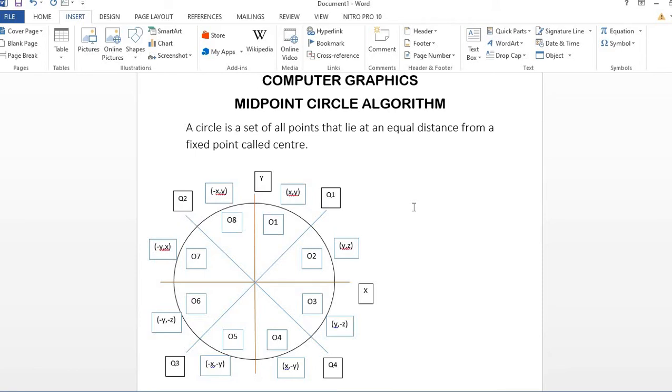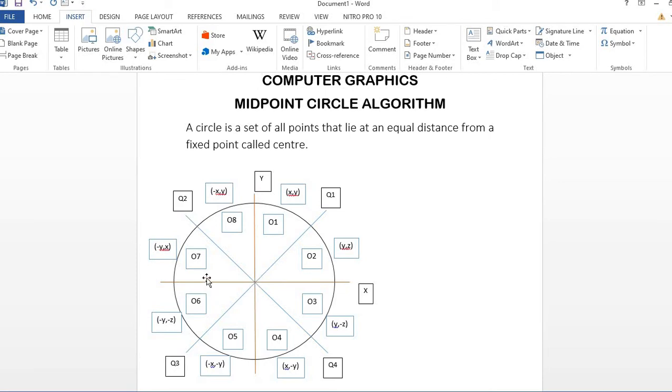So first of all, we start with a simple, basic circle definition. What is a circle? If I take one fixed point and plot all the points at an equal distance from this particular point, that is a circle.